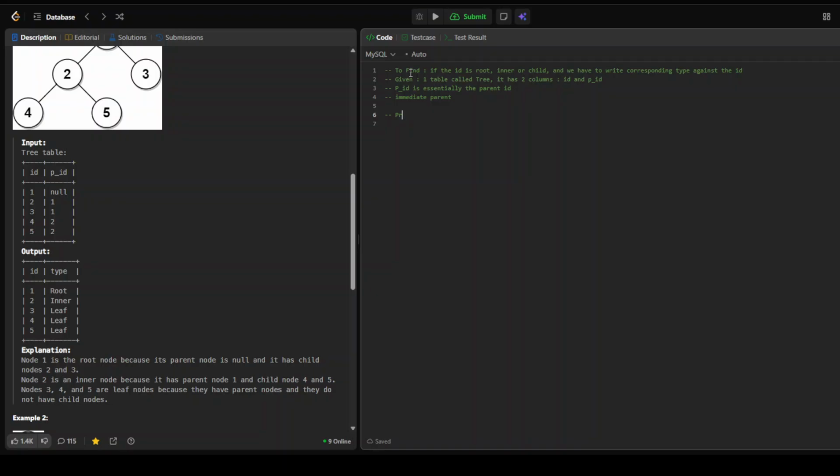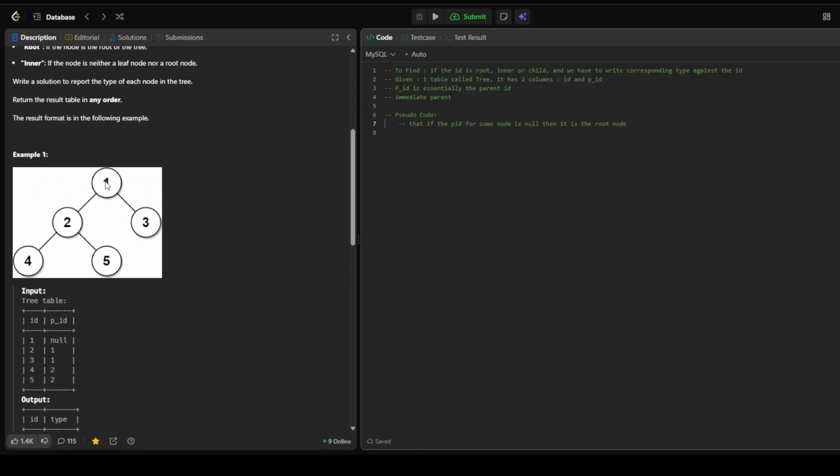The pseudocode for this will be that if the PID for some node is null, then it is the root node. Because obviously the root node 1 doesn't have any parent.